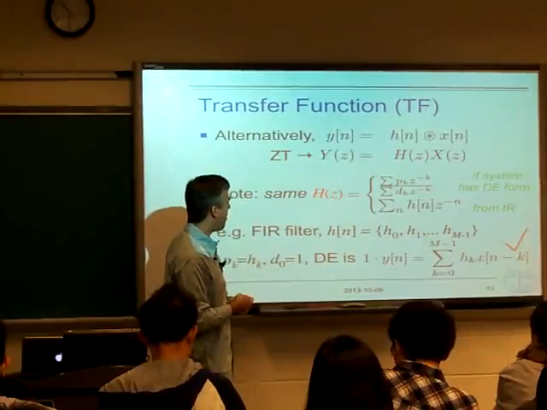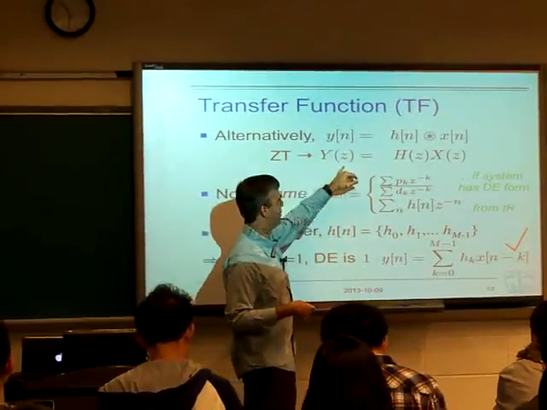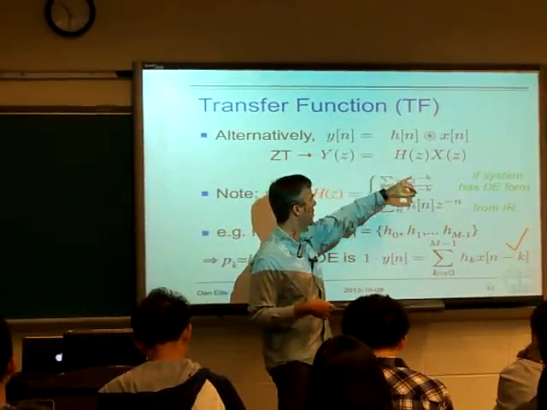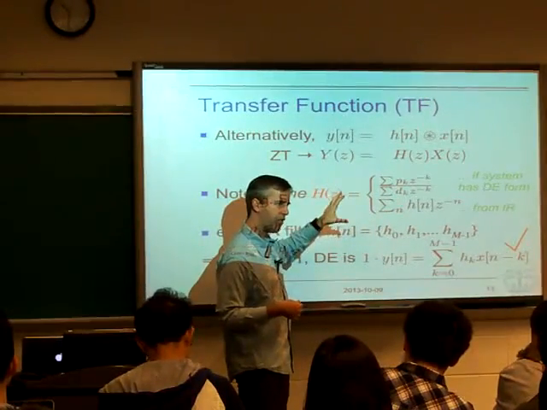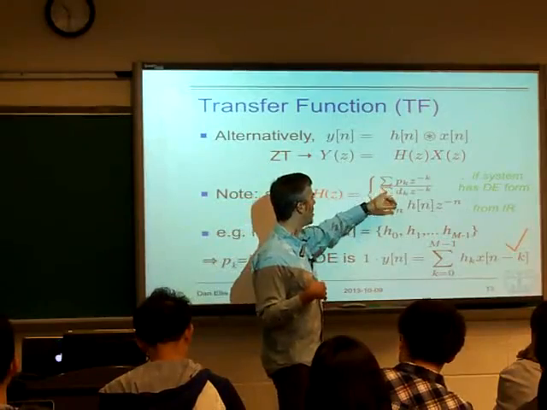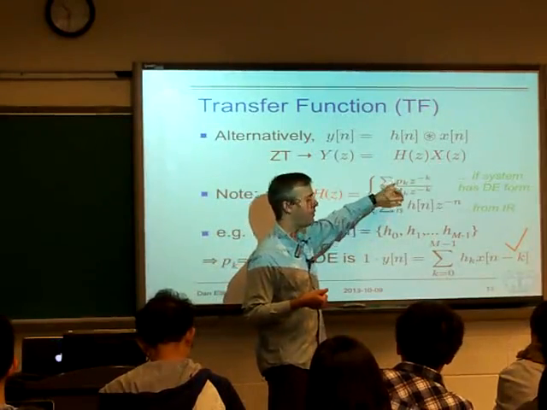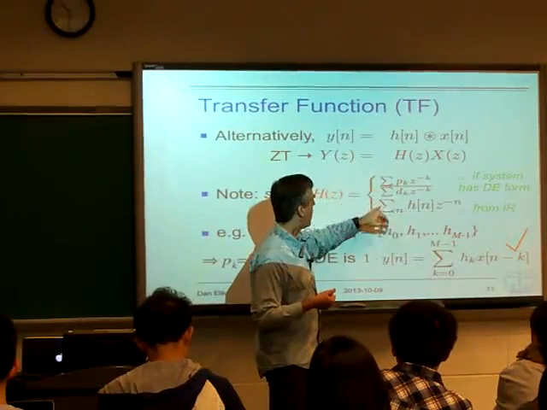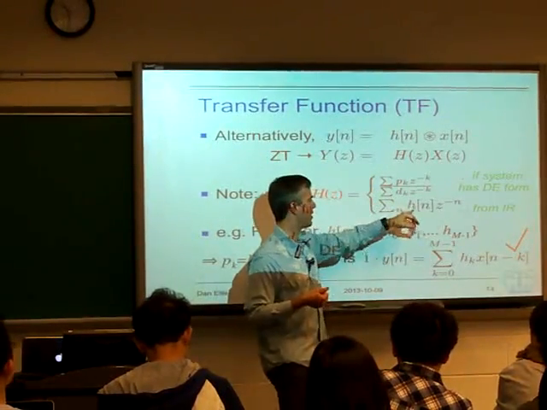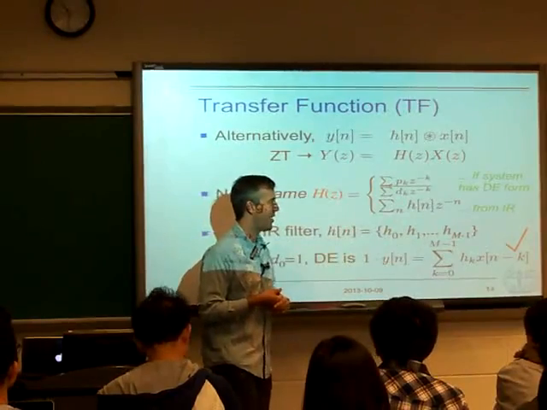So we have these two expressions, both of which are Y of z equals H of z times X of z, but the H of z is coming from different places. On the previous slide, H of z was this rational polynomial coming from the LCCDE coefficients. And in this slide, it's the transform of the impulse response, the sum of h of n z to the minus n. Okay?